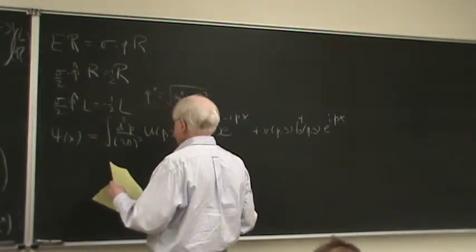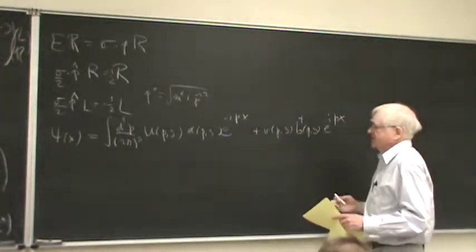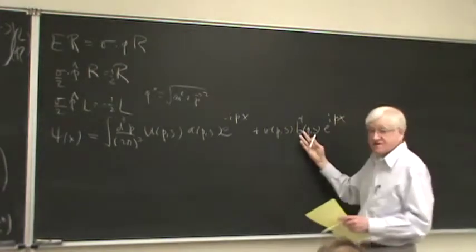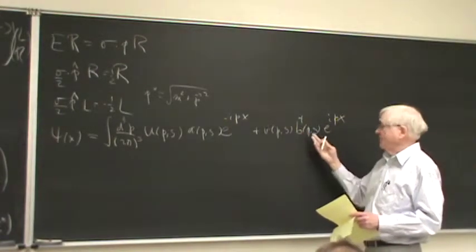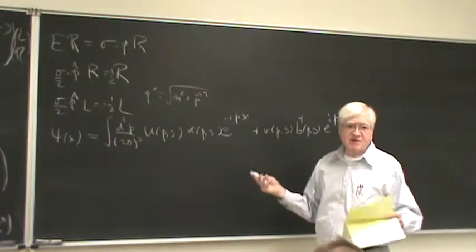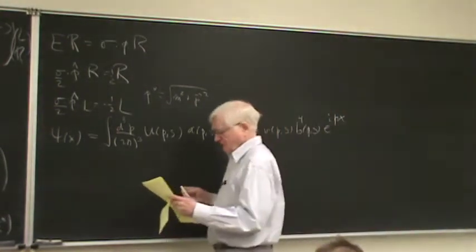And what we want to do is learn something about what U and V are. These are called spinors. This annihilates the particle. This creates the antiparticle of momentum P and spin S. And of course, we're talking about spin 1/2, so it's going to be plus or minus.